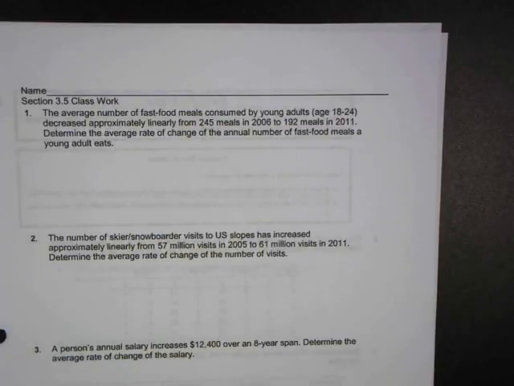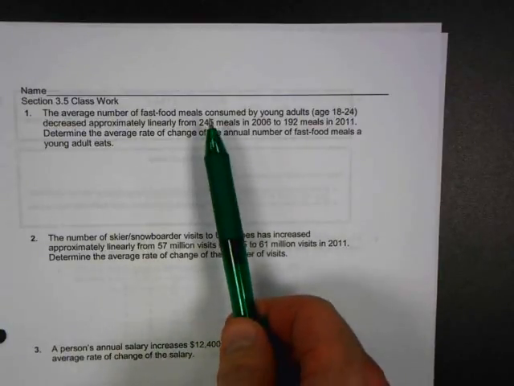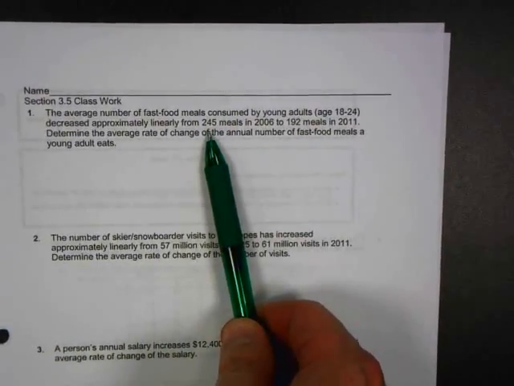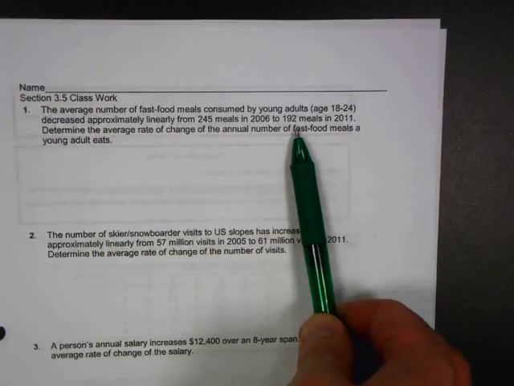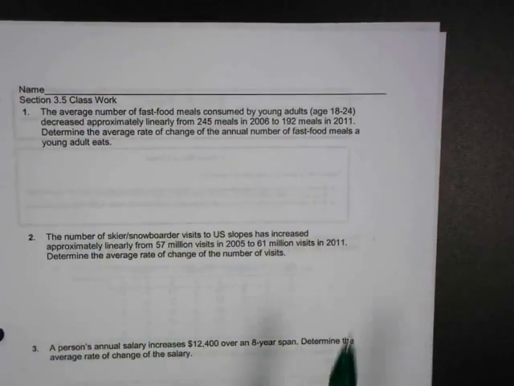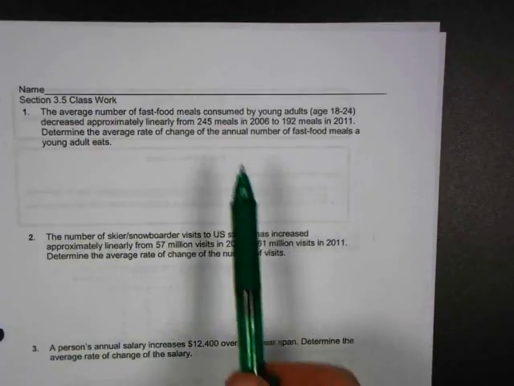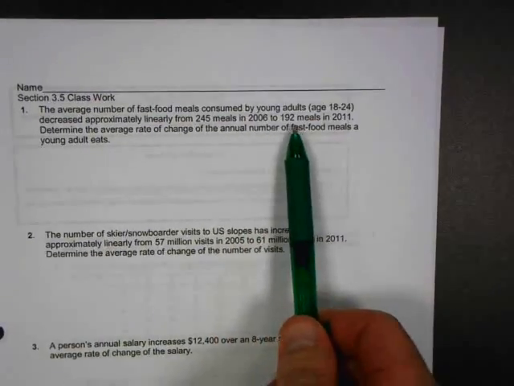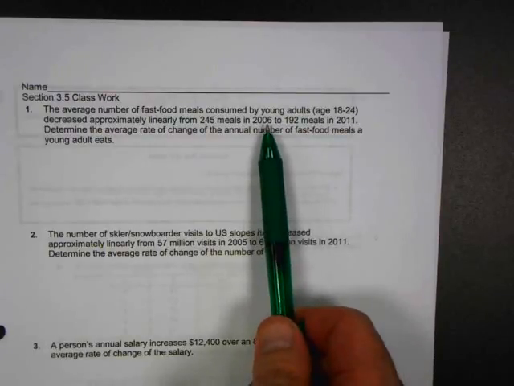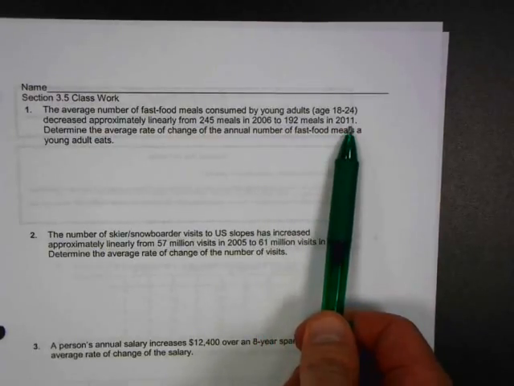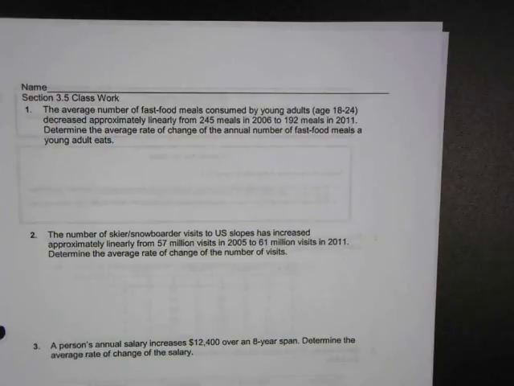So what they really want to know is, we started at 245 meals, we went down to 192. When they say average rate of change, they want to know how many meals did we go down each and every year. What we know is we went from 245 to 192, but that took how many years? 5 years. So if it took 5 years, how much did it go down every single year individually?